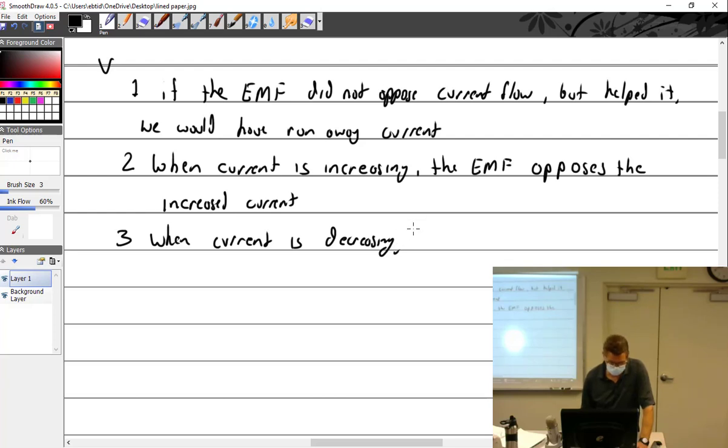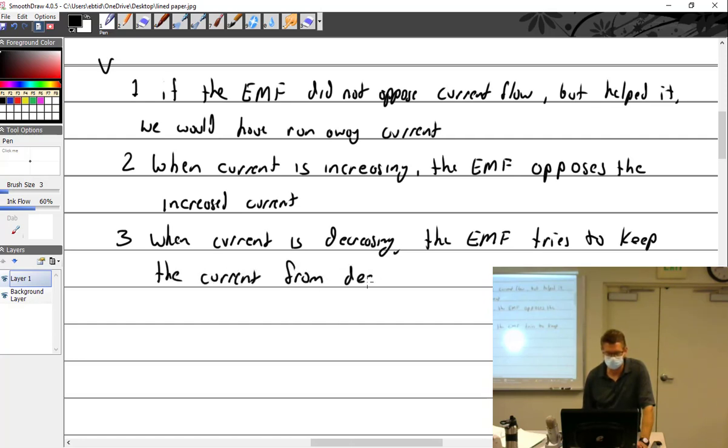When current is decreasing, the EMF tries to keep the current from decreasing. So hopefully you don't mind my personifying the actual electrons and current, because it's a little juvenile, but it works.